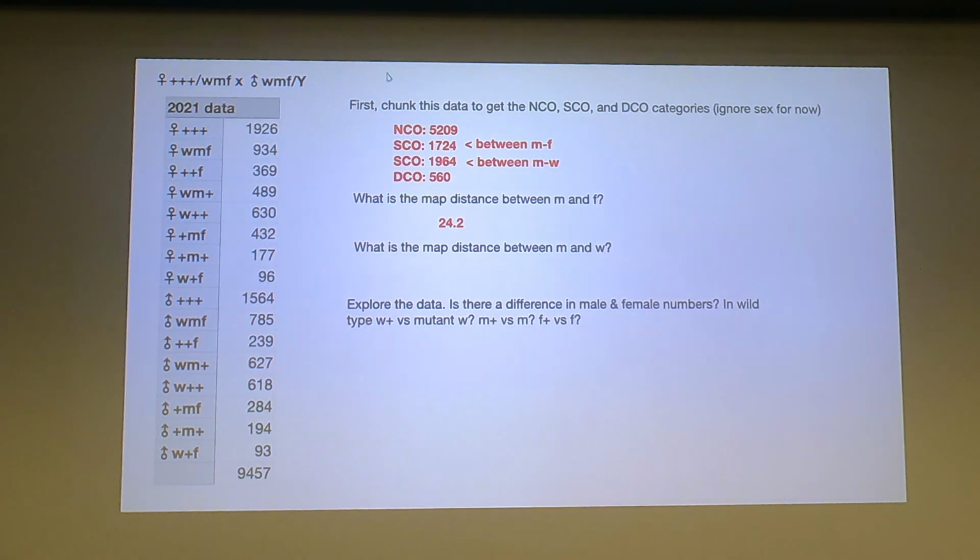24.2. What about between miniature and white? It's the same procedure again. You take that number, add that number to it, divide by that big number. 26.7. 26.7, very good, yes.